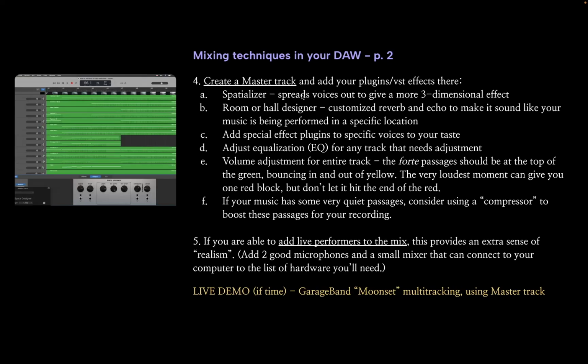Create a master track, and at that point you can add in your spatializer and your room designer and all of the reverb that you want. And if your music has very quiet passages in it, like true classical music can go from pianissimo to fortissimo, consider using a compressor to boost the very quietest passages. And you'll know this if you've tried to listen to classical music while driving in the car.